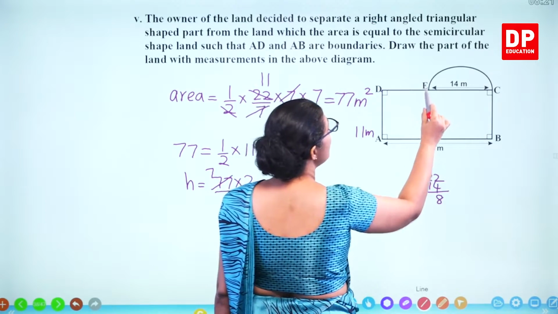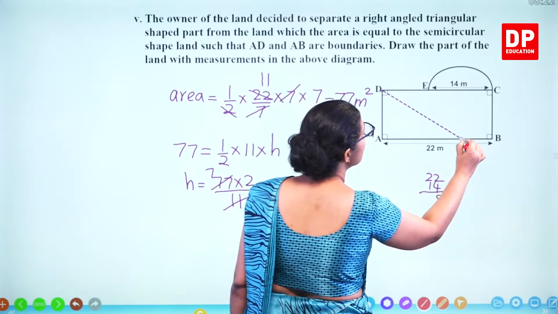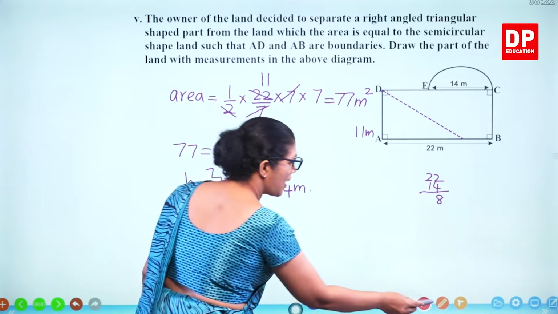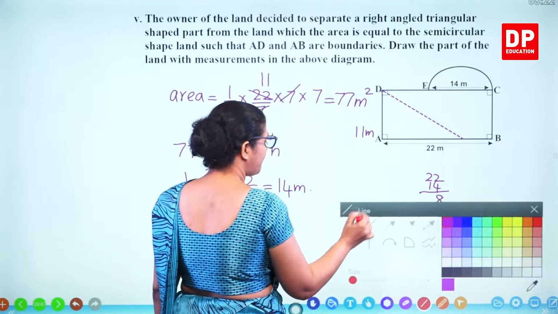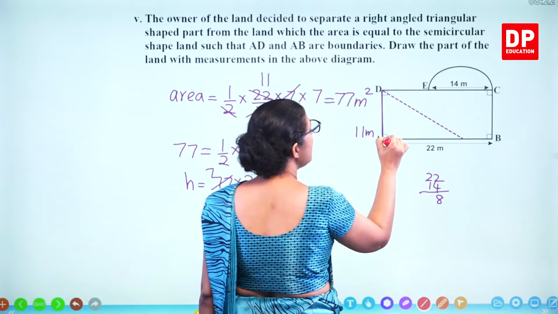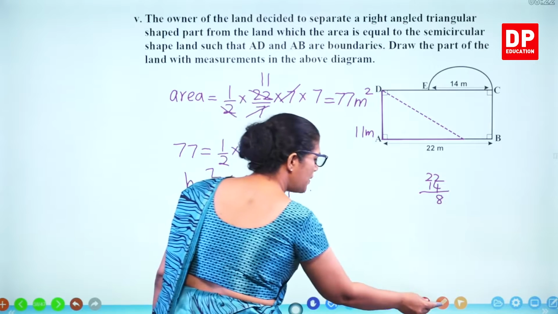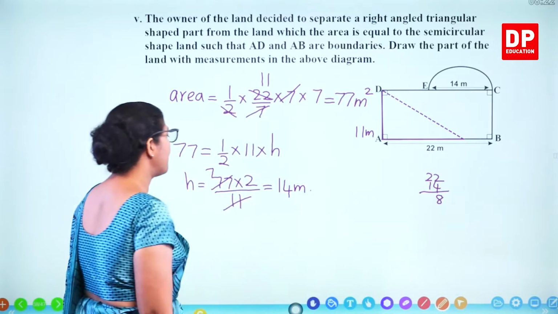Now we know this is more than this one. What's the length? 14. So somewhere here. So this can be the triangle. So one triangle can be this one. Now there's another triangle. We'll try to find out that.